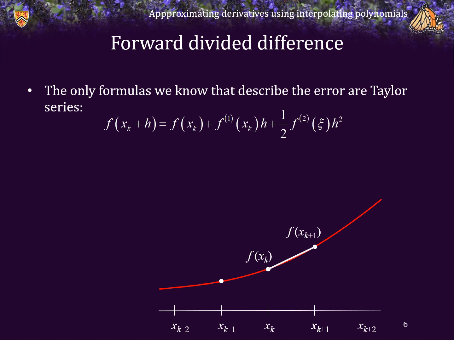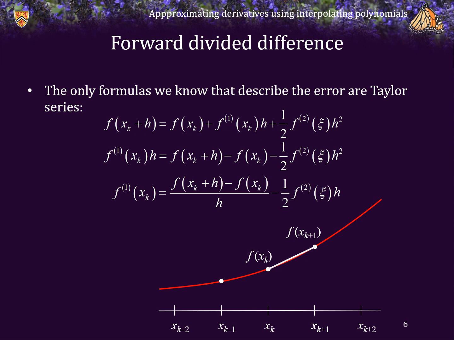What we can do, however, is let's move the derivative to the other side, bring f at x sub k plus h to the right-hand side, and let's negate both sides. If we do those steps, we now have this expression here. Now with this expression, we can divide both sides by h, thus isolating the derivative.